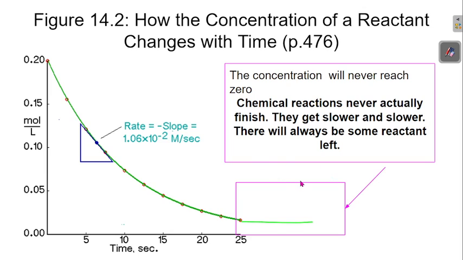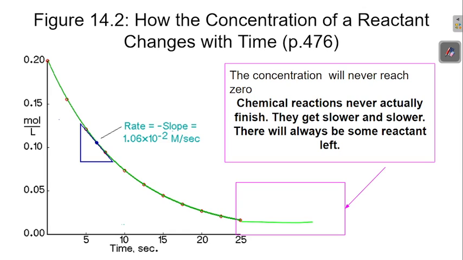Figure 14.2, how the concentration of a reactant changes with time. We're on page 476. The concentration never reaches zero. There's always a tiny bit of reactant left over. And as we're going to see in the next module, some of the reactions go on both ways.